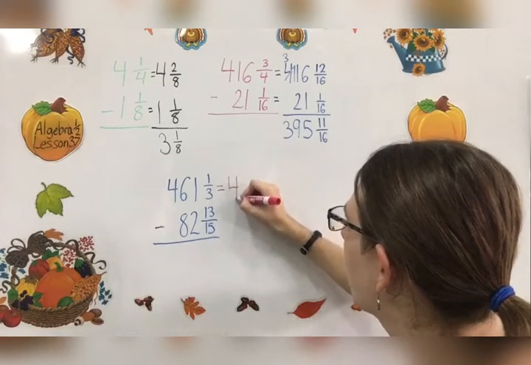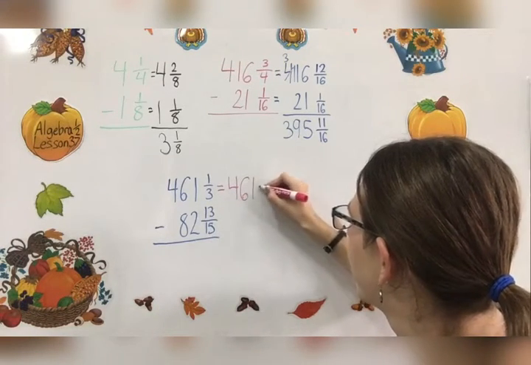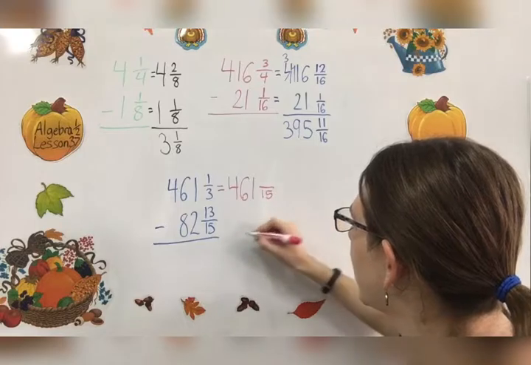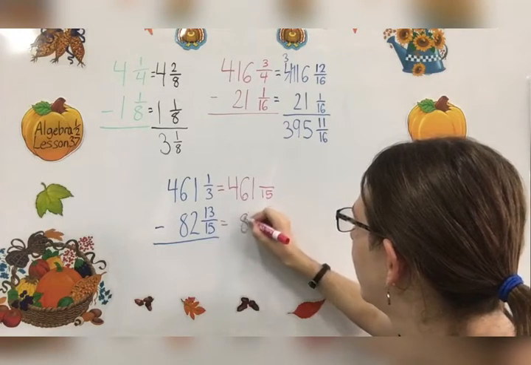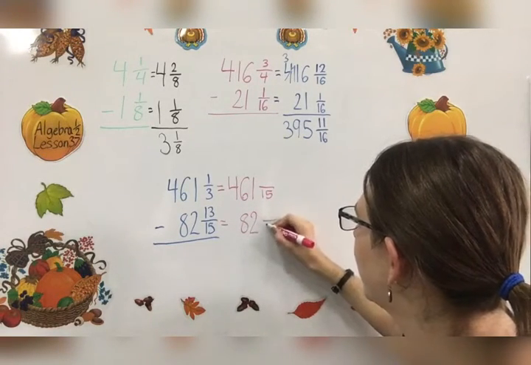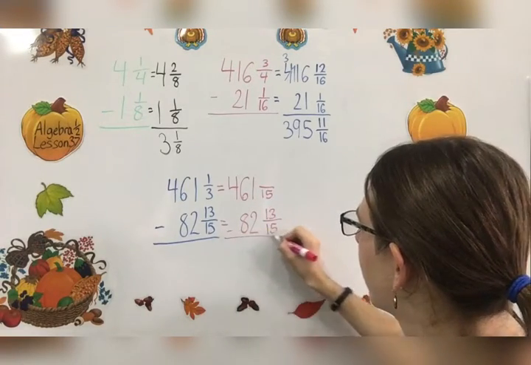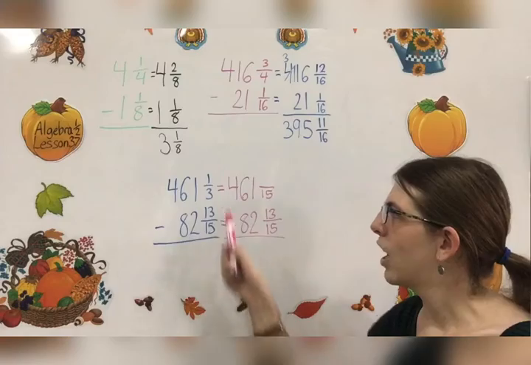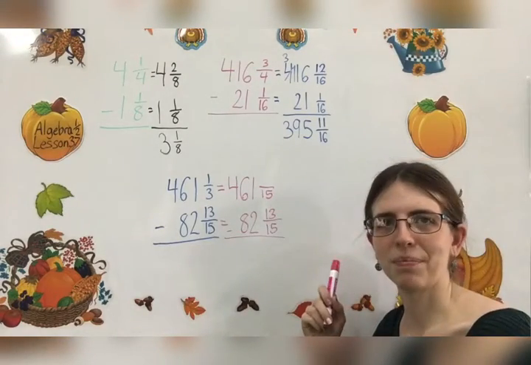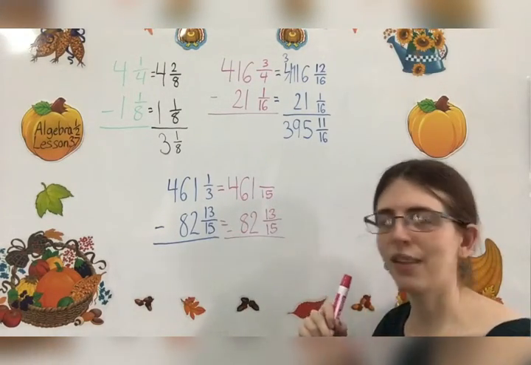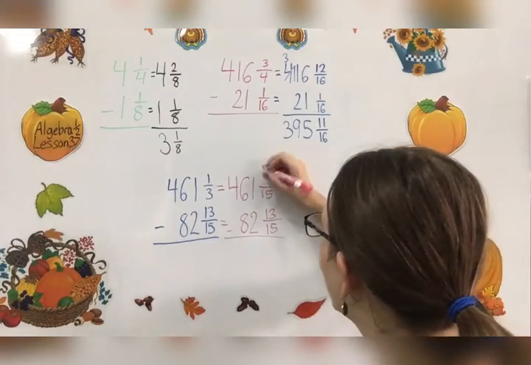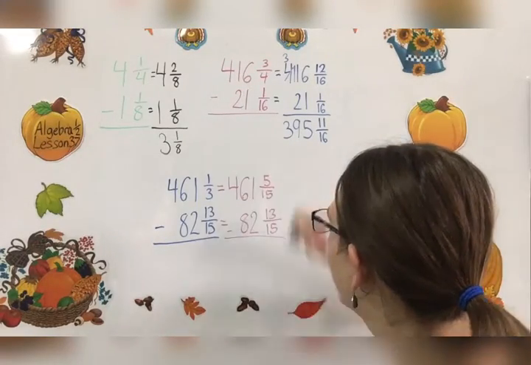This becomes 461 and something 15ths. This is 82, and this one stays the same. Still 15, 13/15. Okay, 3 times what equals 15? 3 times 5, that's right. So 1 times 5 is 5.